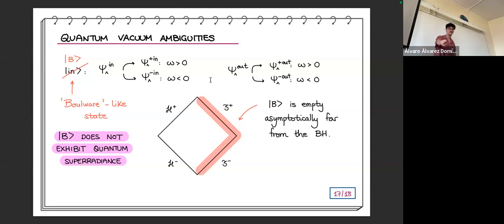But here, in the case of fermionic fields, we could in principle define it because we have more freedom in the quantization, but it breaks at the outer event horizon. Okay, but yes, we have ambiguities in this sense. We could in principle define a quantum theory that is compatible, but does not exhibit quantum superradiance.